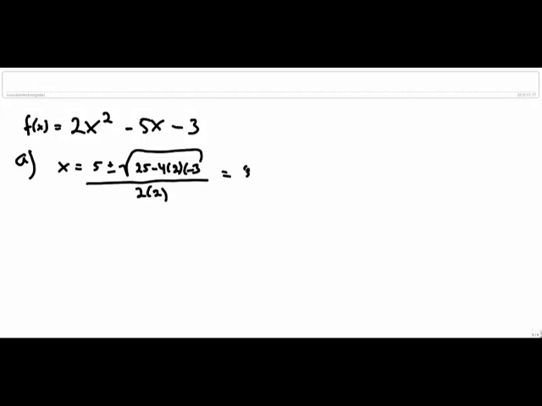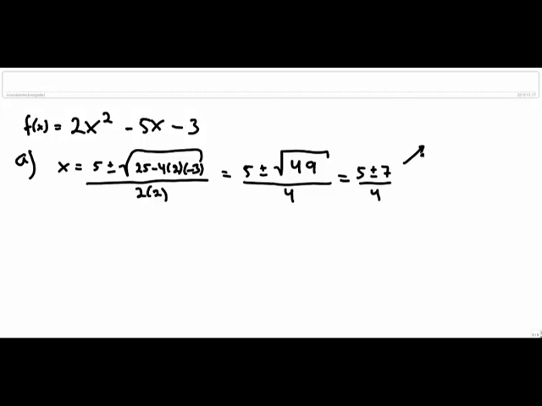Let's clean up a little bit. 5 plus minus the square root of 25, minus 4 times minus 3 is plus 12, times 2 is 24, so the square root of 25 plus 24 is 49. Everything divided by 2 times 2, which is 4. The square root of 49 is equal to 7, so 5 plus minus 7 divided by 4.